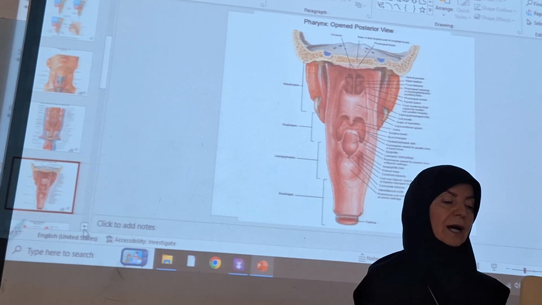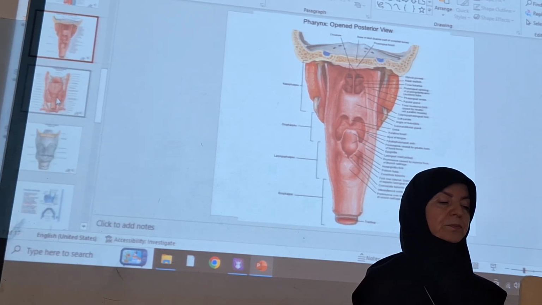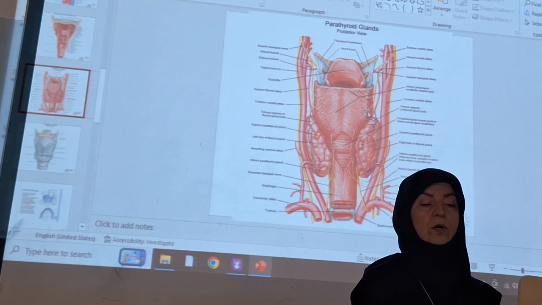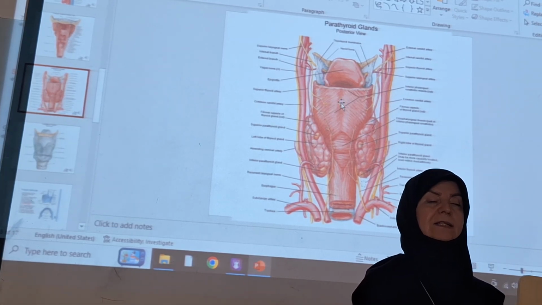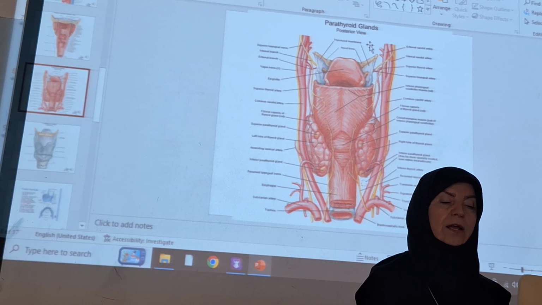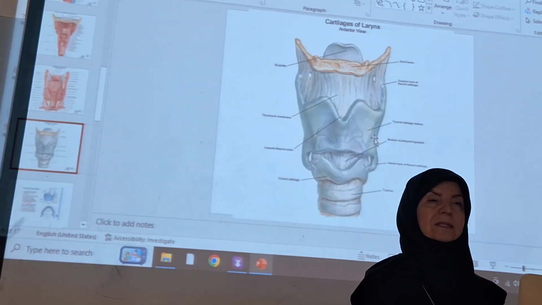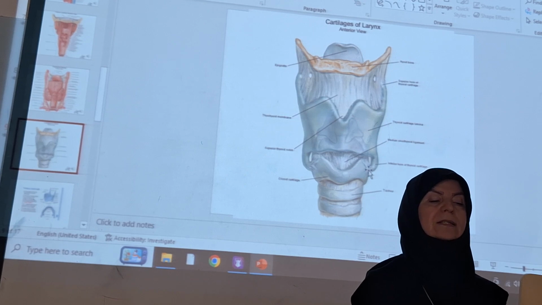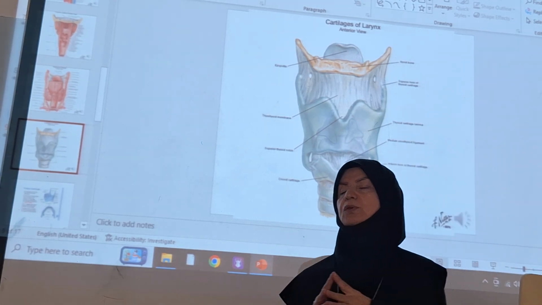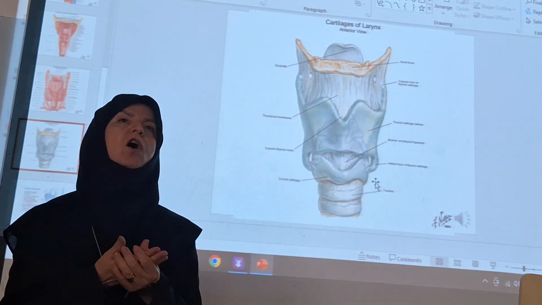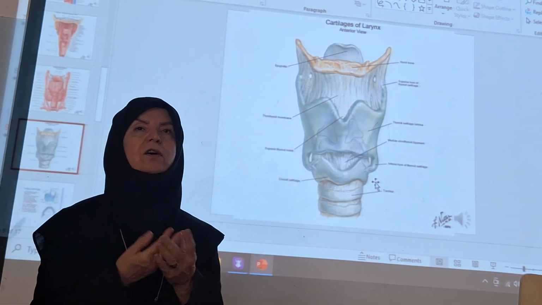Now, look at this picture. In this picture, you are going to look at the pharynx, and here is the laryngopharynx. In the structure of the larynx, we are able to explain 3 pairs of cartilage and 3 single cartilages.